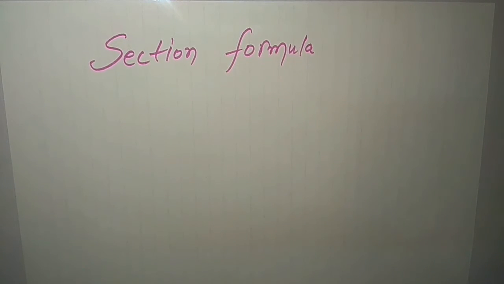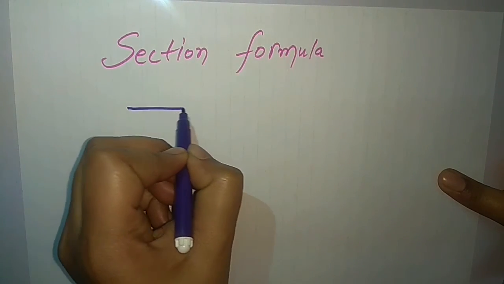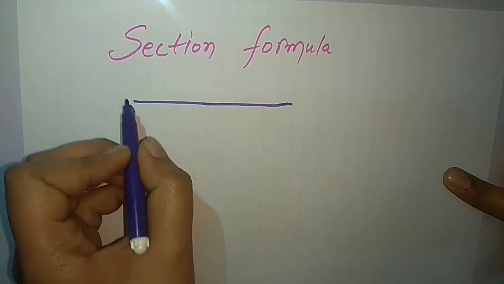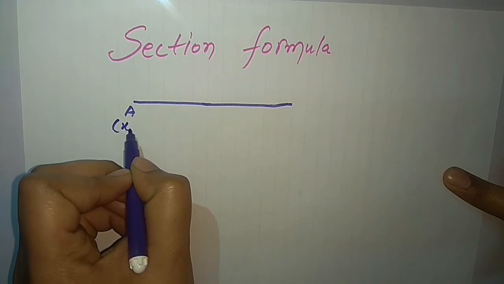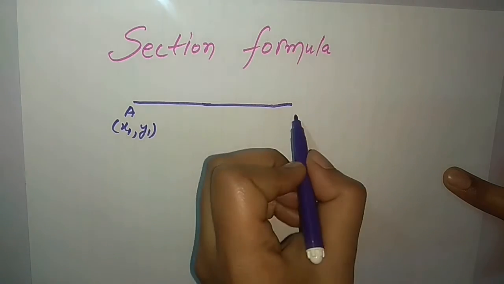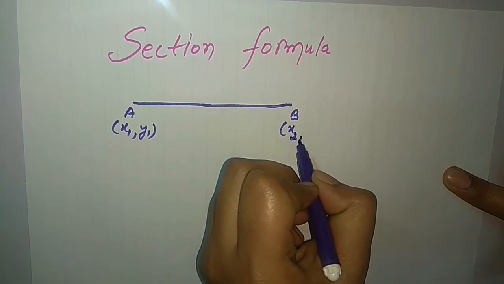Before that, we should know the section formula. This is a very important concept. Now in the section formula, we have a line, say AB. This is A and its coordinates are, suppose, x1, y1. We have B, that is x2, y2.